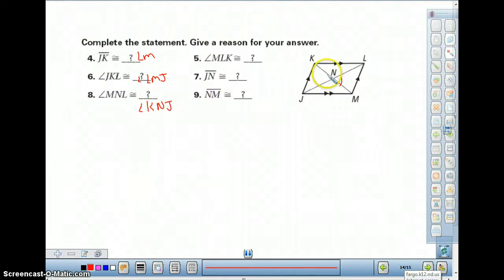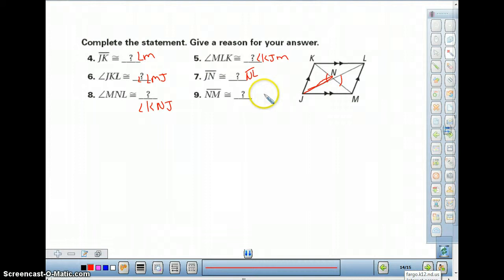and we know that because they are what kind of angles? They're vertical angles. They're across from each other. Okay, MLK is congruent to opposite angle would be angle KJM, because opposite angles are congruent. JN, this right here, is going to be congruent to NL.